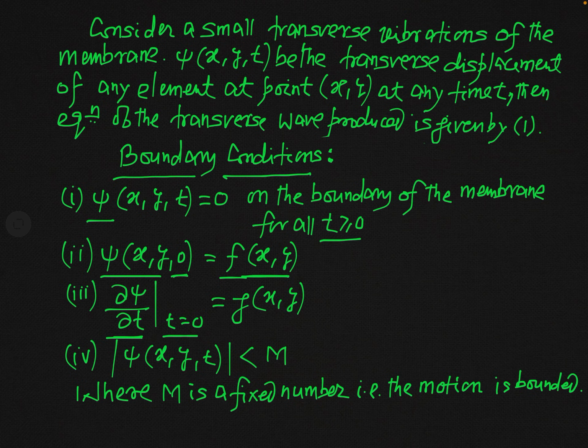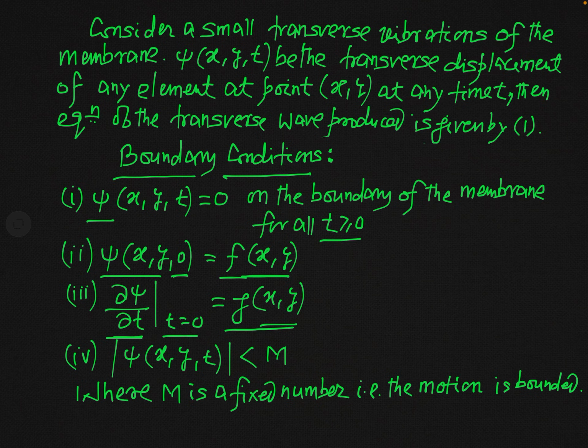So initial velocity will also be a function of x and y. So I have written here del psi by del t at t equal to 0 is equal to g of x, y. Because t is again fixed, this velocity at t equal to 0 will be only a function of x and y.